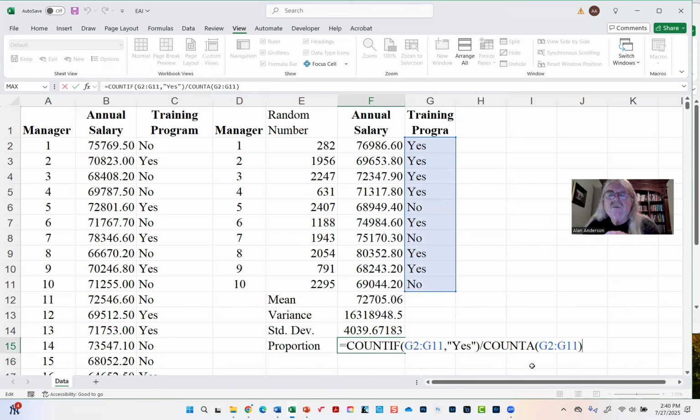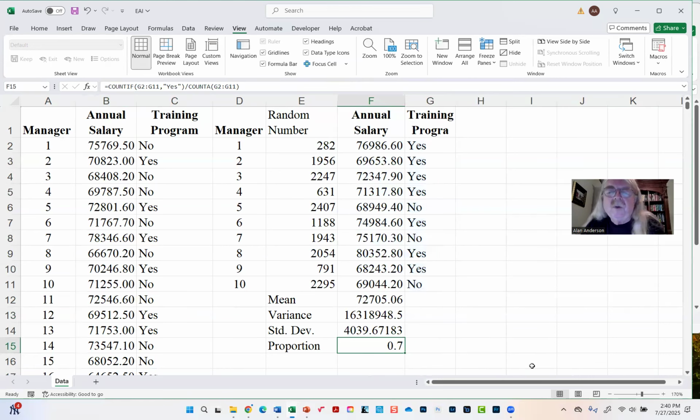COUNTIF says go through and count all the cases where it says yes. COUNTA, because it's not numerical data but alphabetic data, says go through and find all the cells where there's an entry. In other words, anything that's not blank. So that means there were 7 yeses out of 10. So our sample proportion is 0.7.